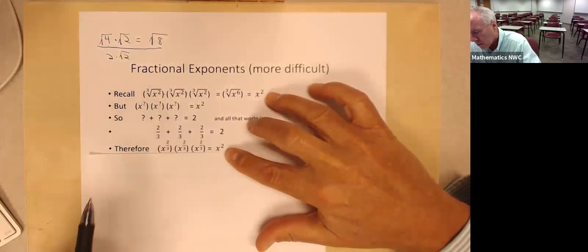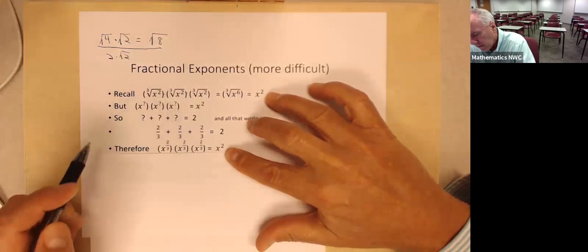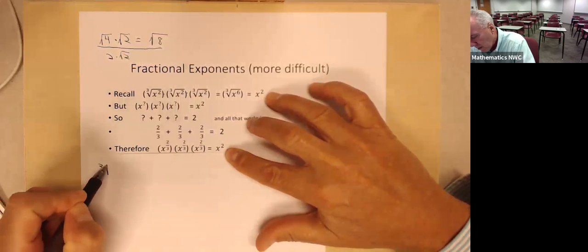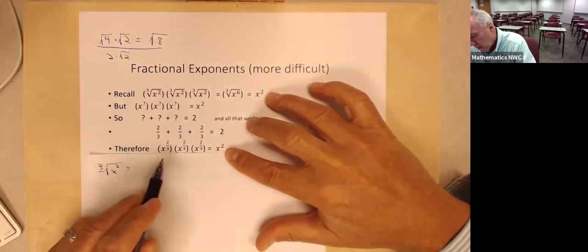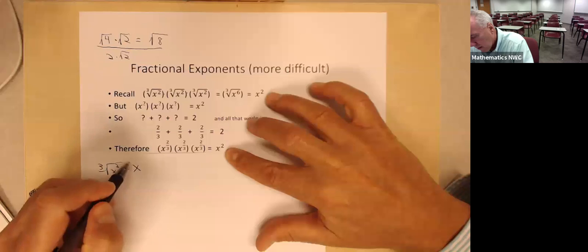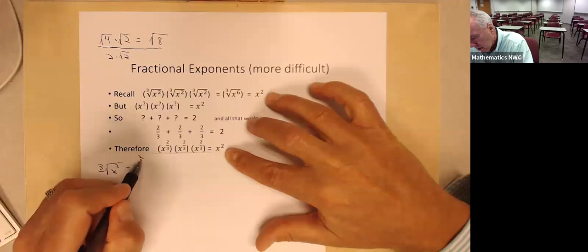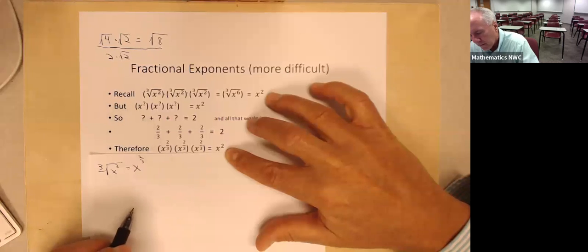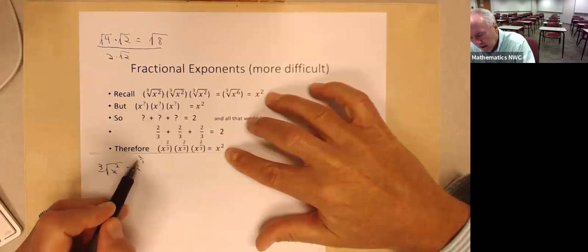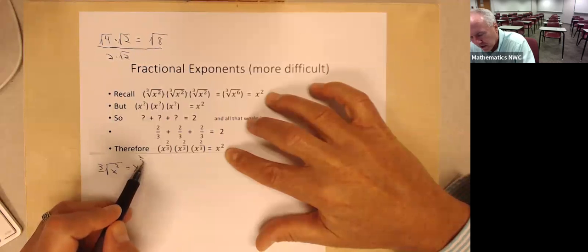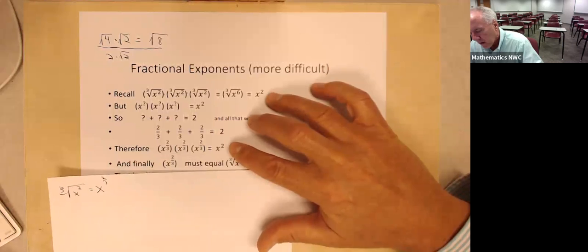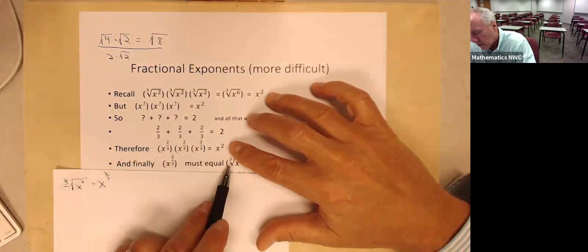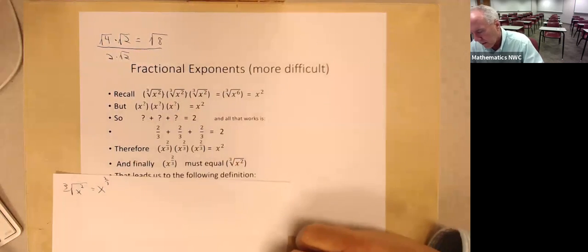We're saying here at this point, this radical, the cube root of x squared, must be the same as this expression, x to the 2/3 power. That gives us a basis for how we're going to define a rational fractional exponent. Okay, so that's the reason for that. We're saying that x to the 2/3 must equal that expression up there.